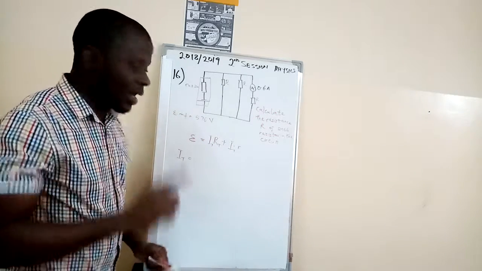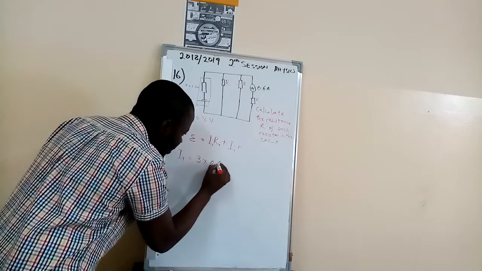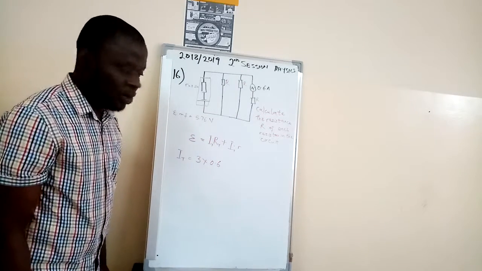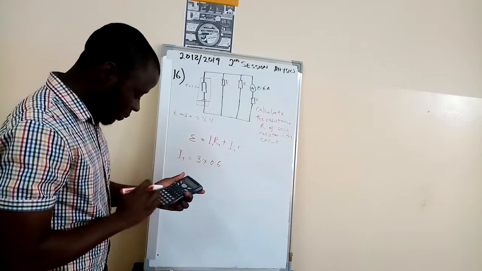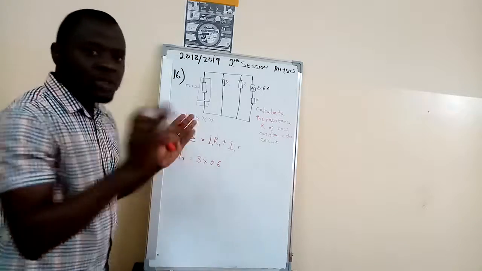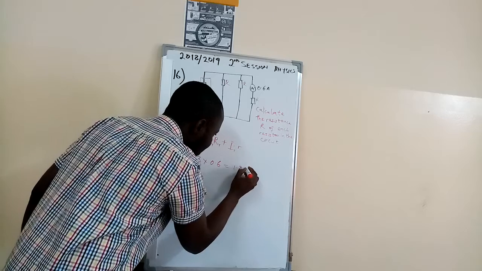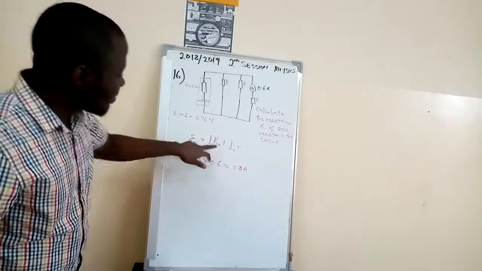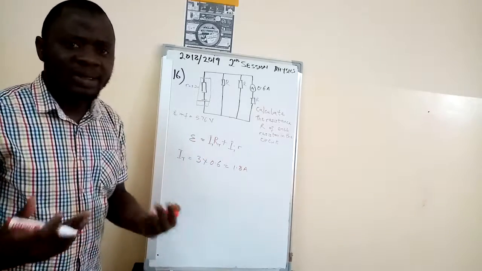That tells me that the total current will be 3 multiplied by 0.6, 3 because I have 3 resistors here. 3 multiplied by 0.6 will give me 1.8. So the total current is 1.8 ampere. Good. Now, that's my total current. Now, I need to get the total resistance.